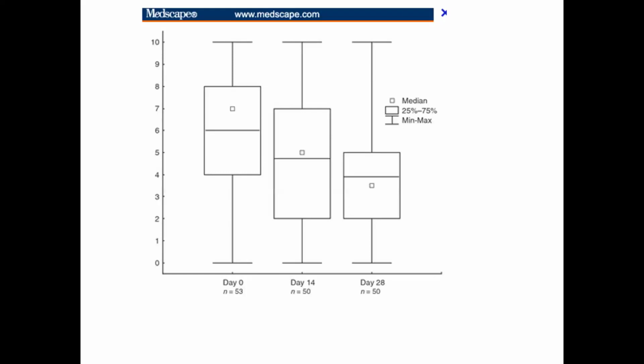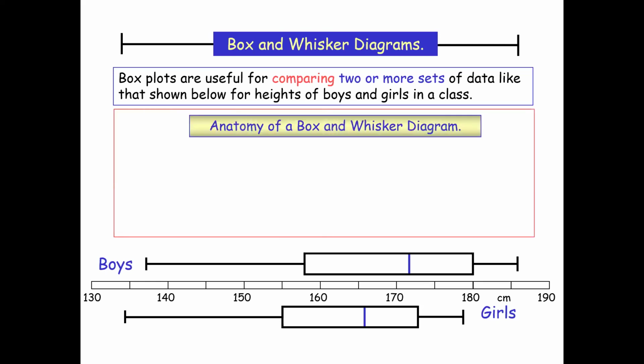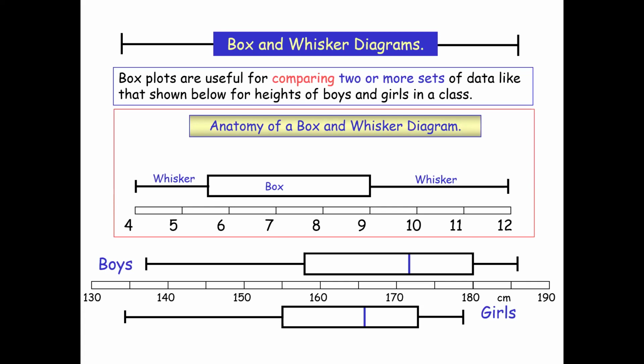Box plots can be used to compare sets of data. For example, there are two sets, one for boys and one for girls, and we can compare them. We can tell which group of students has a lower median, which has a higher median.